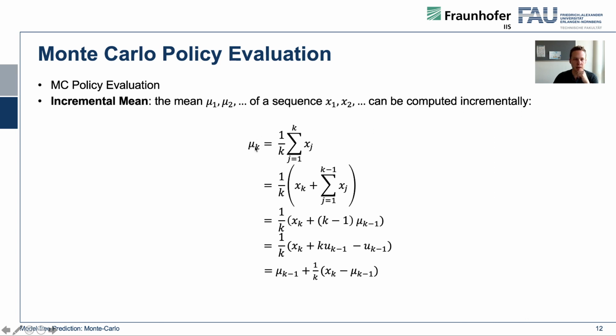The mean of the state value is 1 over the visitation counter times the sum of all the returns we got. So you do not actually need to maintain the list of all the returns.